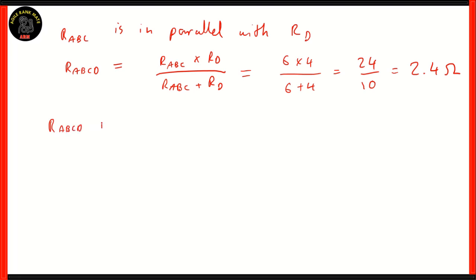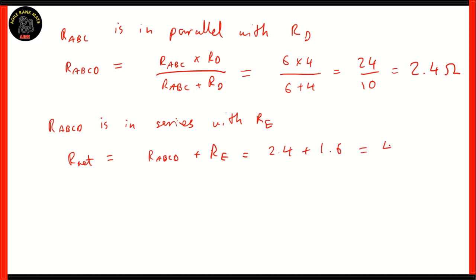So RABCD is in series with resistor E. So here we can find the total net resistance is RABCD plus RE, which is equal to 2.4 plus 1.6, which is equal to 4 ohms. So the net resistance is 4 ohms.